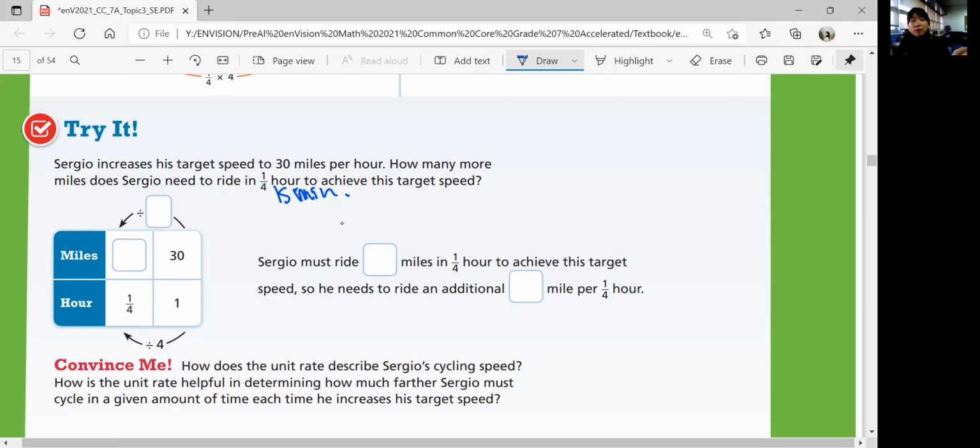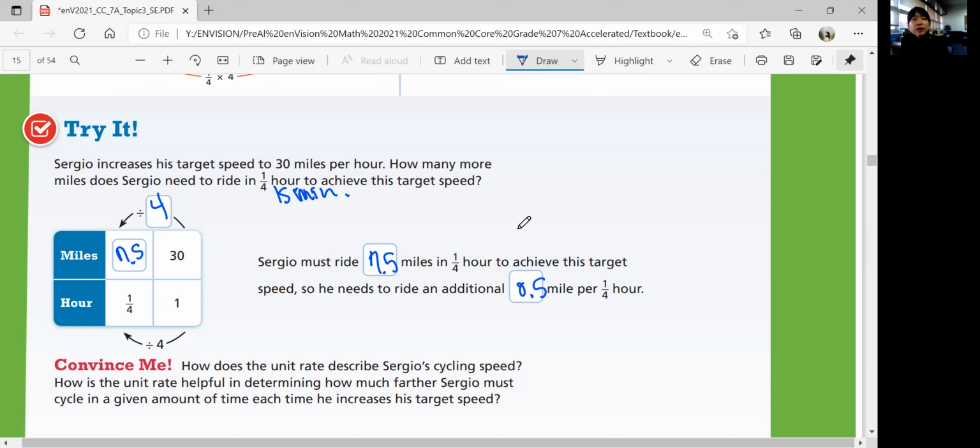So we're going backwards, right? So divide 30 by 4 and you get 7.5. Sergio must ride 7.5 miles in 1/4 hour to achieve his target speed. So he needs to ride an additional 0.5 mile per 1/4 hour.